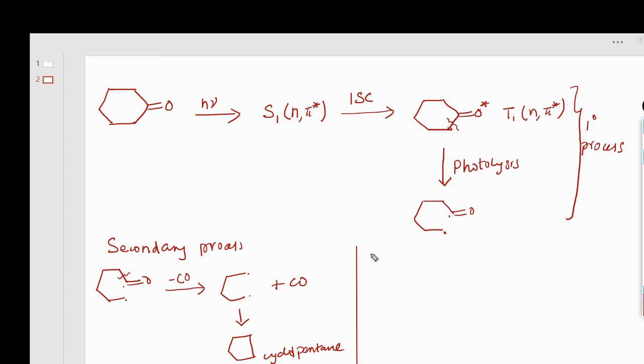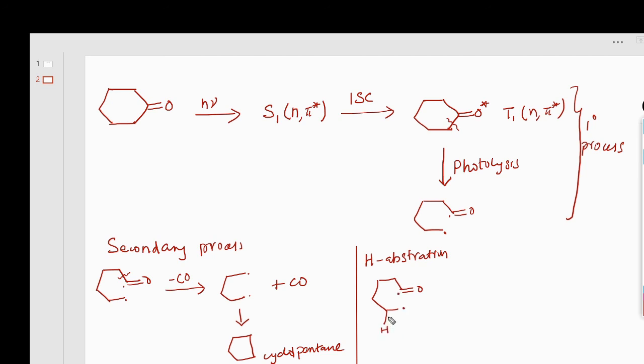Now another thing can happen to this diradical, that is intramolecular hydrogen abstraction. Hydrogen abstraction is going to take place in an intramolecular fashion. Let's see what it is. So you have a diradical, and of course we have a hydrogen here. This radical carbon would abstract this hydrogen as H dot.